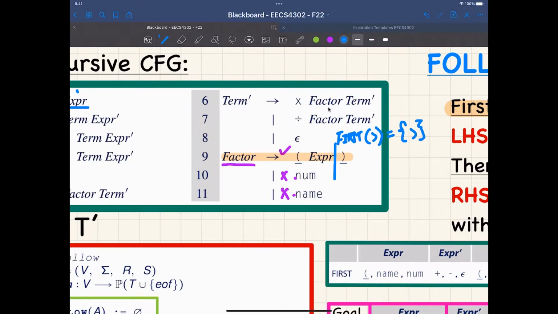That one's easy, okay? And then, because this symbol here is not nullable, we definitely don't have to union the follow of expression by also the follow of factor. We don't have to, right? We are already hitting the wall over here. Okay, let me write it down so you can definitely think a little bit more about this.